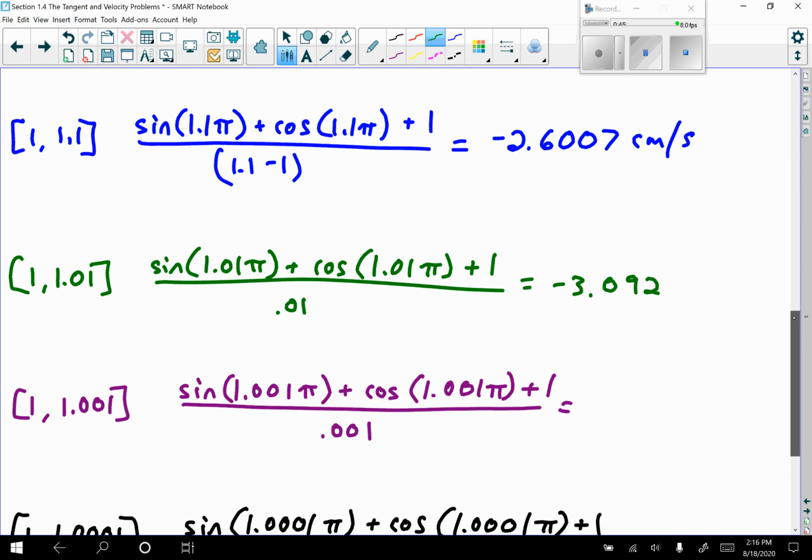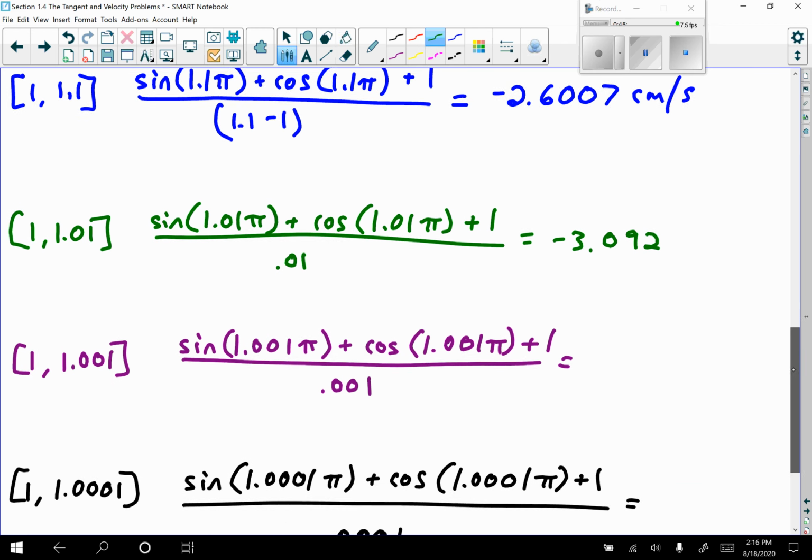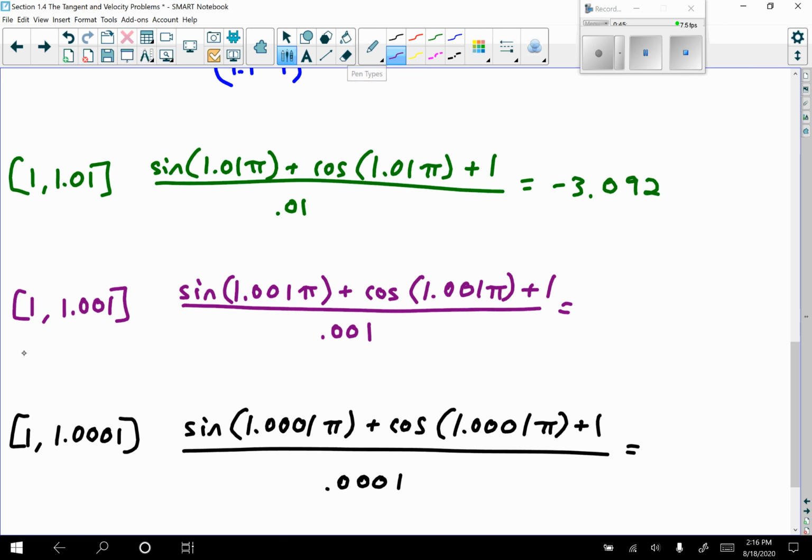It still makes sense. We're just decreasing a little bit more here. From 1 to 1.001, this should be giving us a negative 3.137. And again, these are centimeters per second. And then the very last one is very close to the previous one here. It's a negative 3.14 centimeters per second.